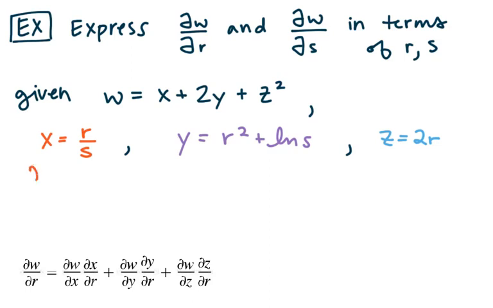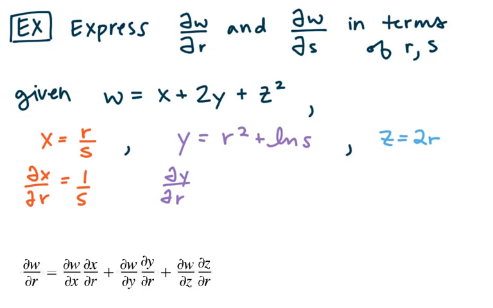So first, partial of x with respect to r. That means s is a coefficient. So this is like saying 1 over s times r. That partial is 1 over s. All right, partial of y with respect to r. That means s is a constant. Natural log of s is a constant. The derivative of that is 0.